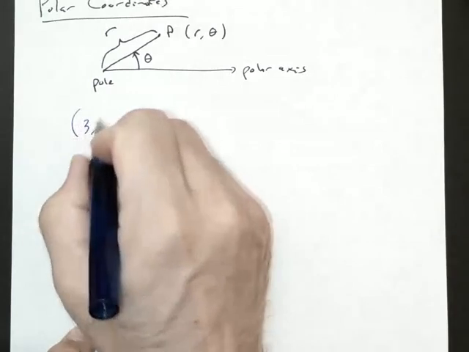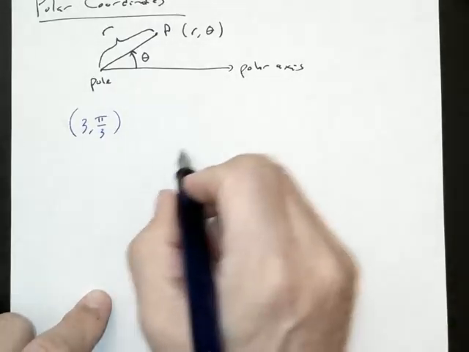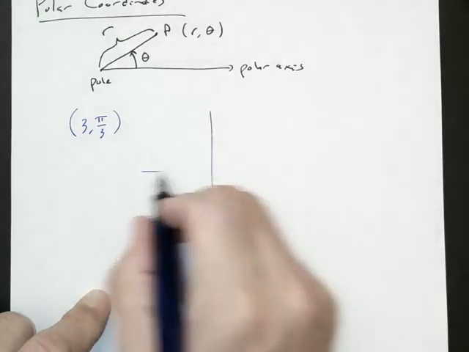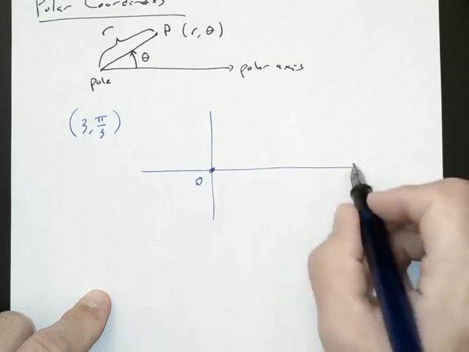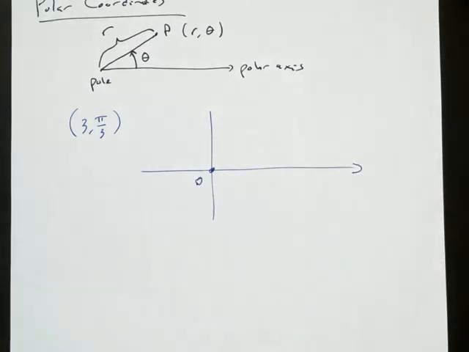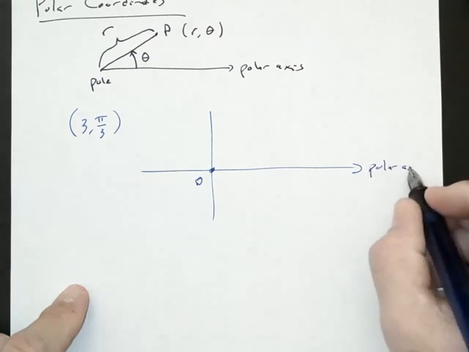Here's a point. Again, my standard behavior is to overlay the pole with the origin and overlay the polar axis with the positive half of the x-axis, assuming that's what I've done here. Where is this point?